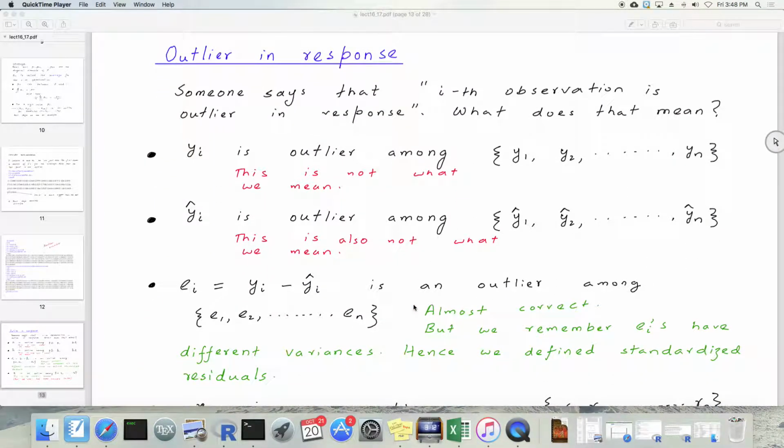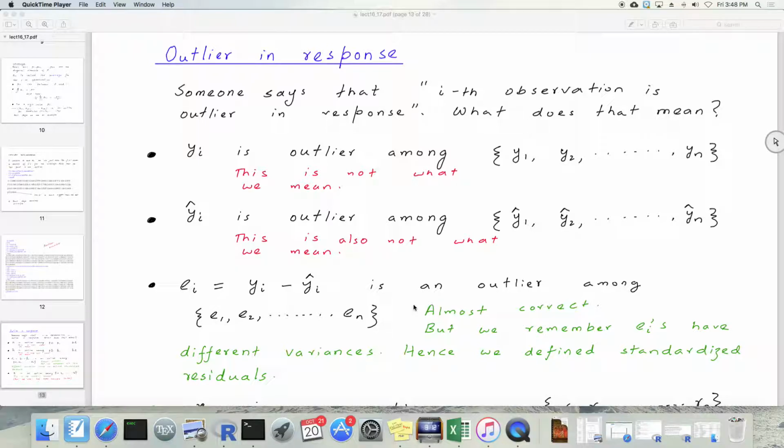Our next topic of interest was outlier in response. And we know that outlier in response does not mean that yi is an outlier or yi hat is an outlier. It kind of means yi is not what it should be. So yi should be something like yi hat.